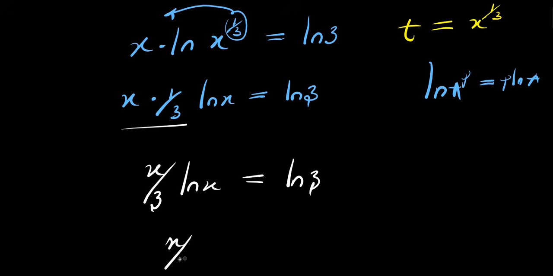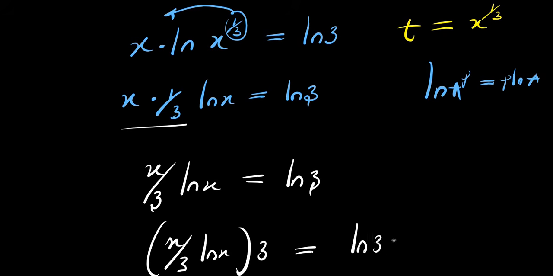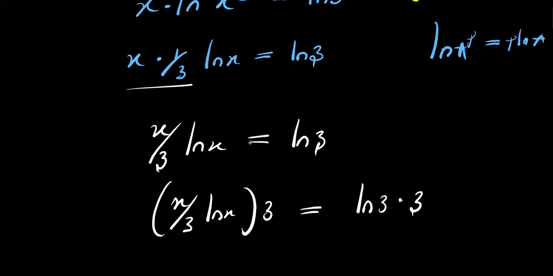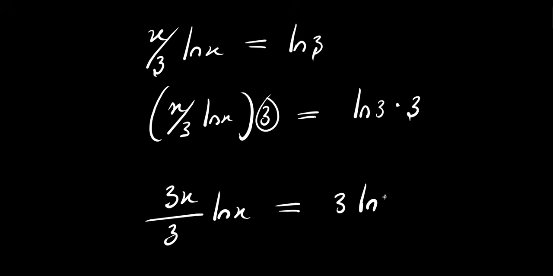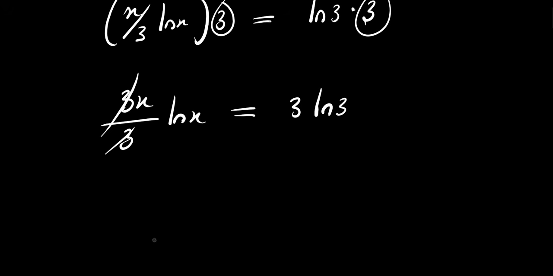So this is x over 3 times natural log of x times 3 equals natural log of 3 times 3. So multiplying this by 3, this will be 3x divided by 3 times natural log of x equals 3 times natural log of 3. This cancels this. So we'll have x times natural log of x equals 3 times natural log of 3.